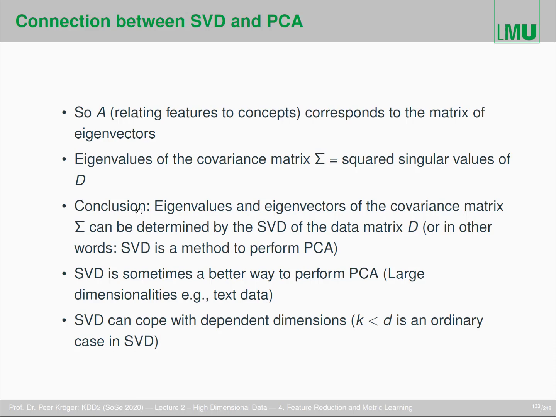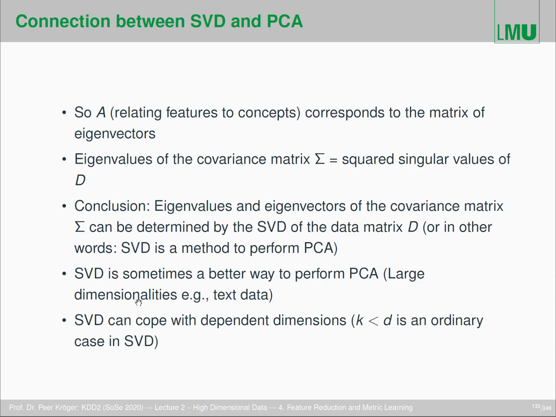What does that mean? Eigenvalues and eigenvectors of the covariance matrix can be determined by SVD, so performing SVD on the data matrix instead of performing PCA on the covariance matrix. In other words, SVD is a method to perform PCA, but SVD directly works on the data matrix, whereas PCA works on the covariance matrix.